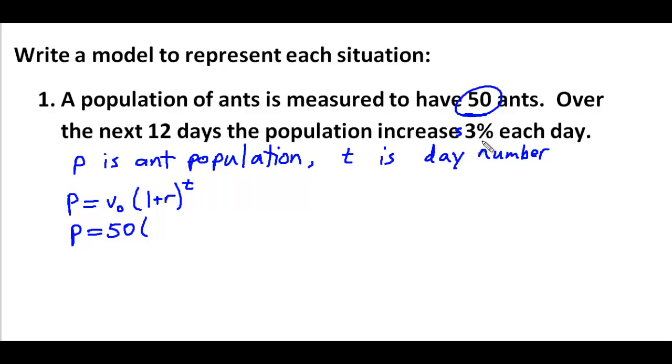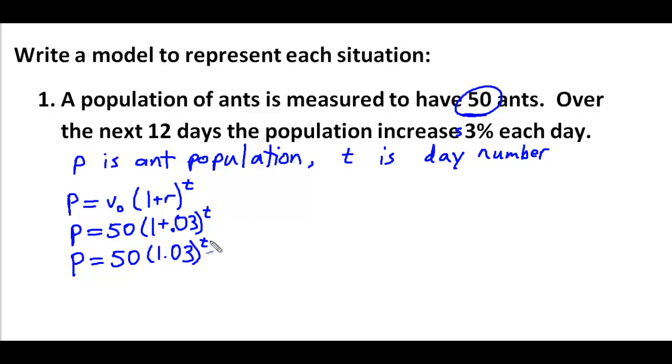We have an increase of 3% each day. So that's a rate of change. So it is 1 + 0.03 to the power of t. And we can simplify that, and so we can say our population of ants is 50 times 1.03 to the power of t.